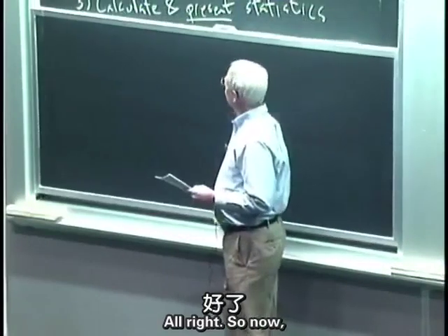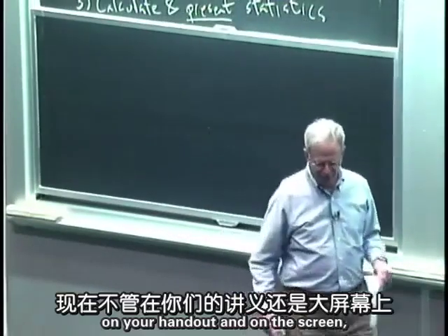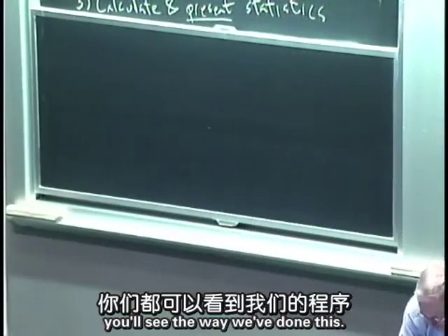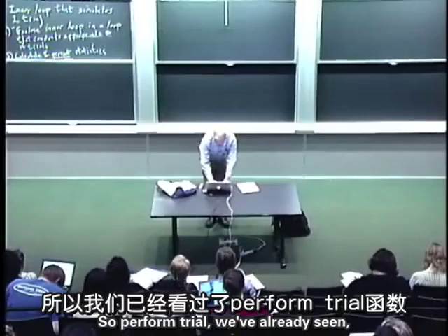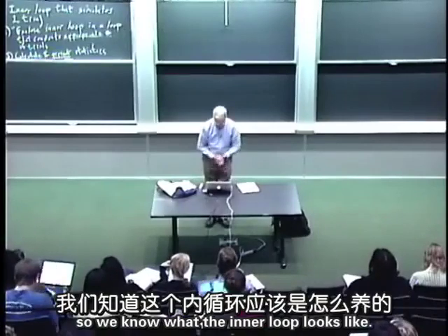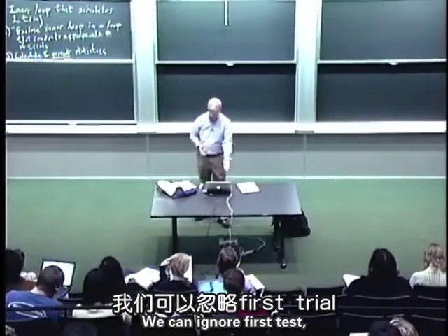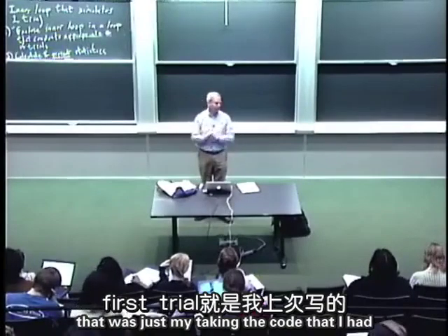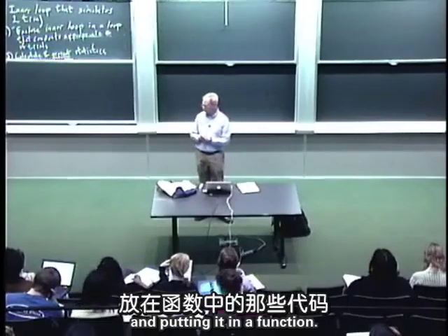All right. So now on your handout and on this screen, you'll see the way we've done this. So perform trial, we've already seen, so we know what the inner loop looks like. We can ignore first test. That was just my taking the code that I had in line last time and putting it in a function.